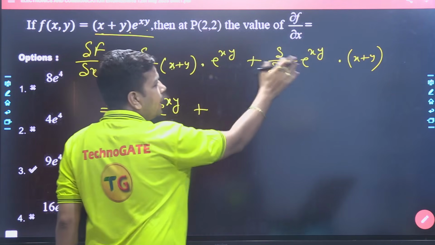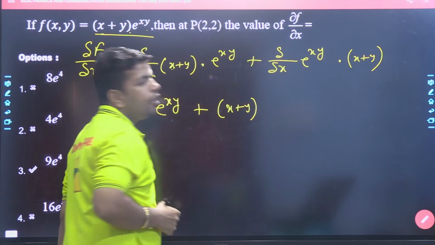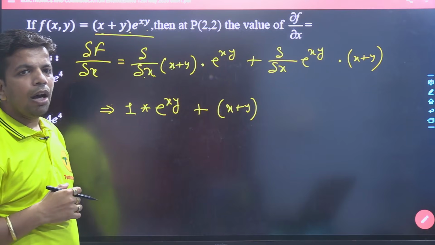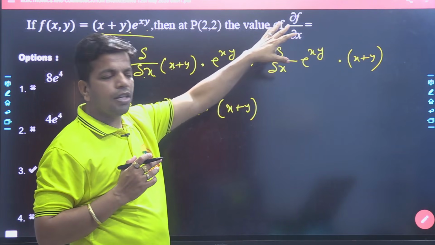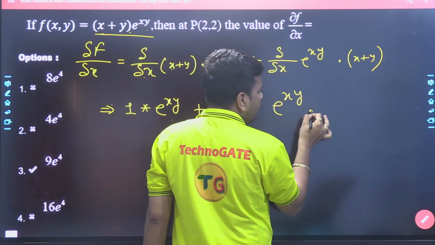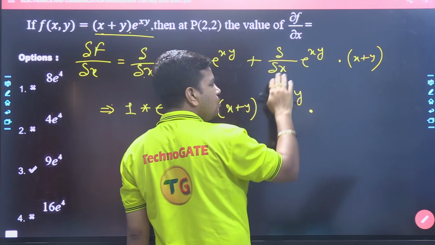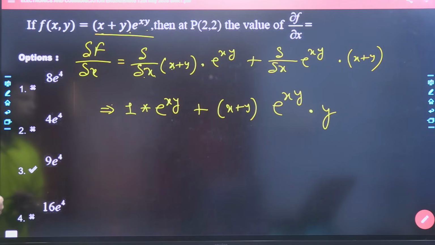Plus here we take x plus y as it is, and we need to take the differentiation of e to the power xy. If we are taking the differentiation of an exponential function, it is exactly the same, so e to the power xy stays e to the power xy, but multiplied by the differentiation of xy. The differentiation of x is 1, so it's simply y. Now put the value 2, 2 in this equation.